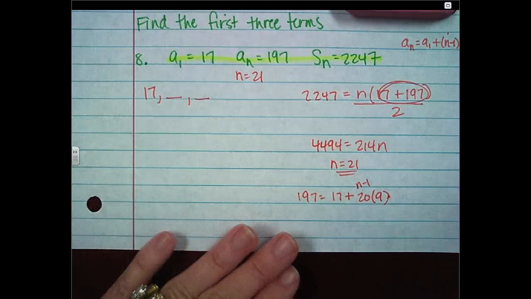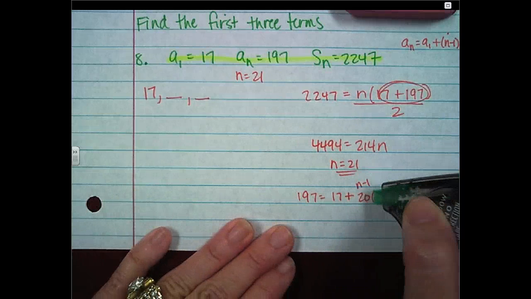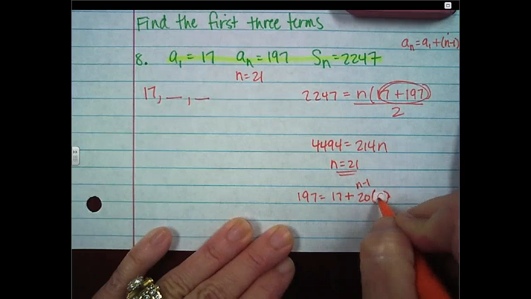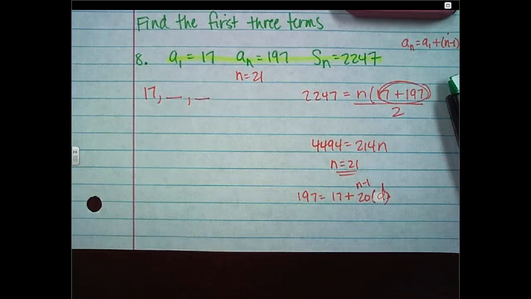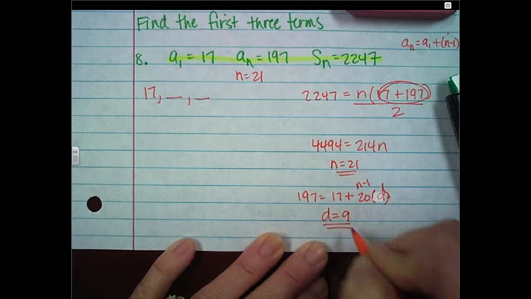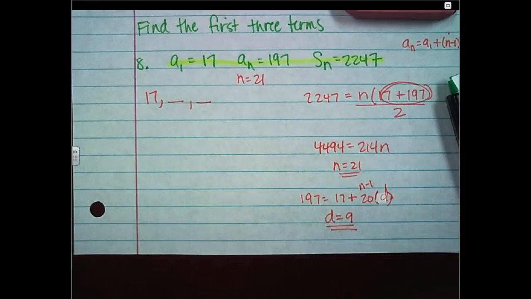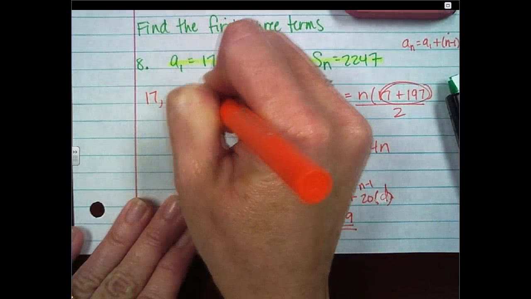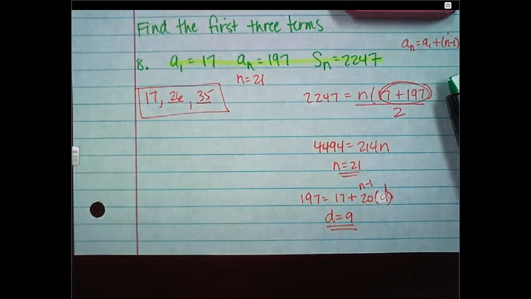Well, I don't know D, so move the 17 over and divide by 20. What's your common difference? 9, right? So you're going to make a jump of 9 every time. So 17, 26 and 35 are your first 3 terms. It takes a little problem solving, but it's not hard.